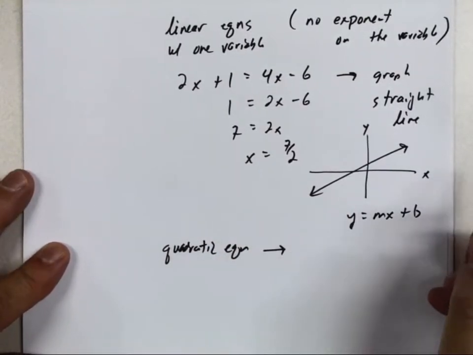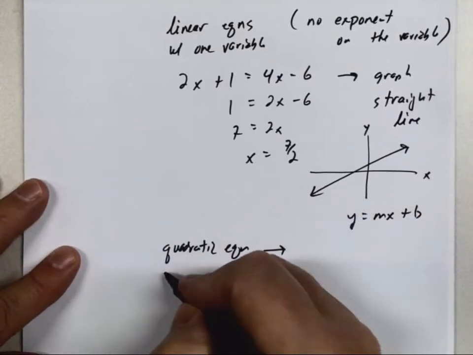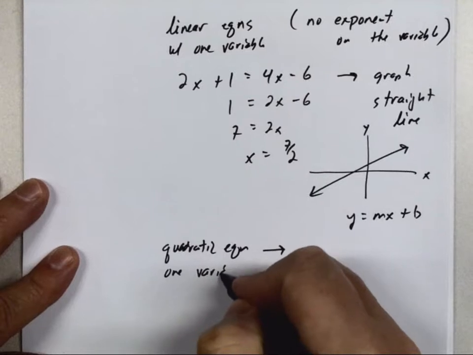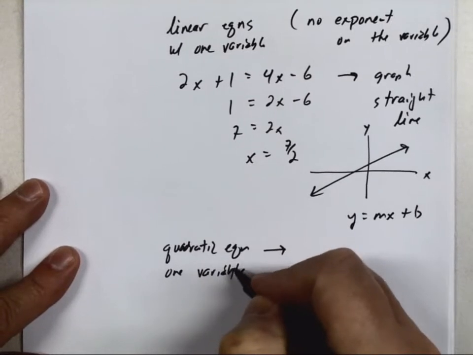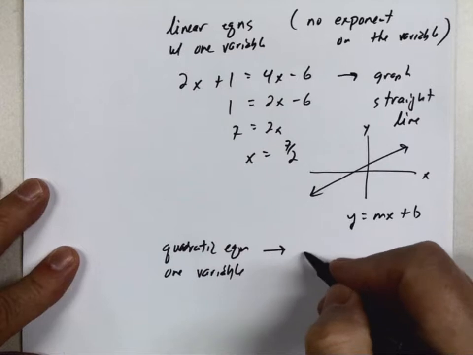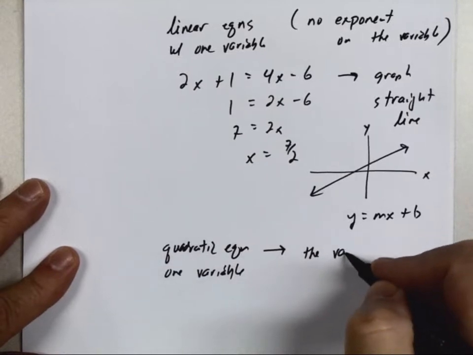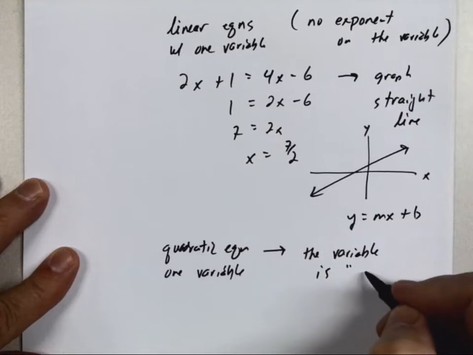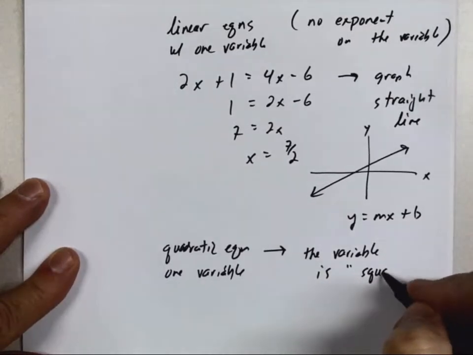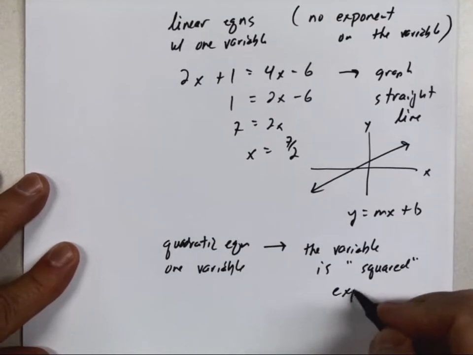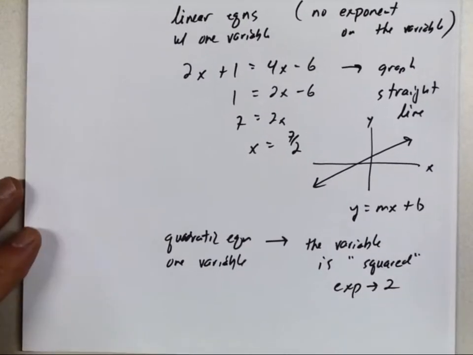And the thing that makes an equation a quadratic equation, once again we'll say with one variable, is that the variable is squared. In other words, has an exponent on the variable of 2.